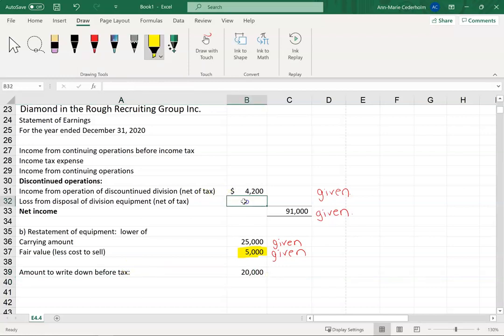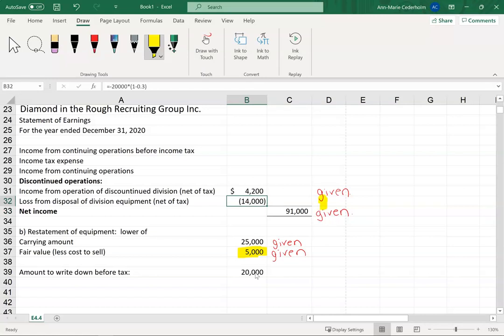So now when I put it into here, the loss from disposal of division equipment, I have to do that after tax. So what we can do is just put in 20,000 times, and to get it after tax, just do 1 minus the tax rate. So 1 minus 0.3. So that will give me 14,000.